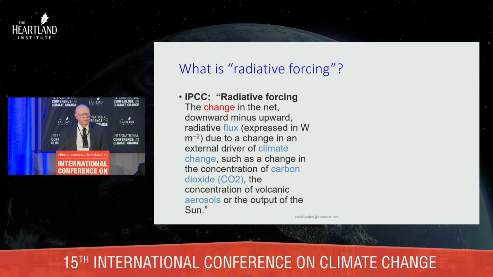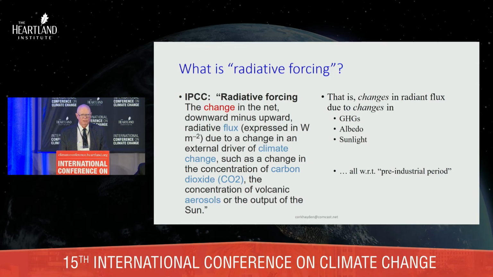Now, most ordinary mortals would think that carbon dioxide is not external, but after all, most mortals are not in the IPCC. Concentration of volcanic aerosols, the output of the sun. I'll translate this gobbledygook into this: changes in radiant flux due to changes in greenhouse gases, albedo, and sunlight, all with respect to that pre-industrial period.